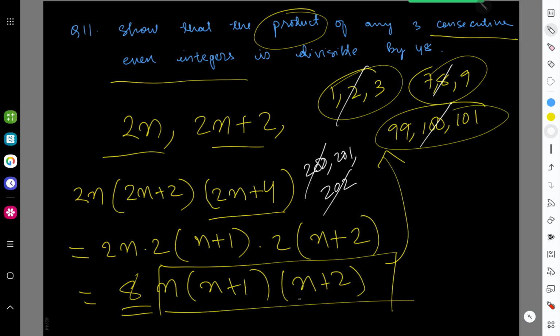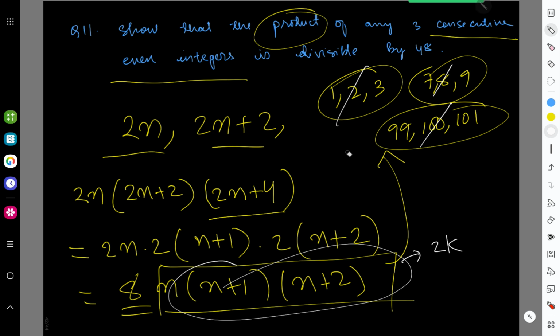So that means this number can be expressed in the form of 2k, because at least one of them is even. And the second property for three consecutive integers is that at least one of them is a multiple of 3. Let's check for that one. 3, and here 9, and here 99.